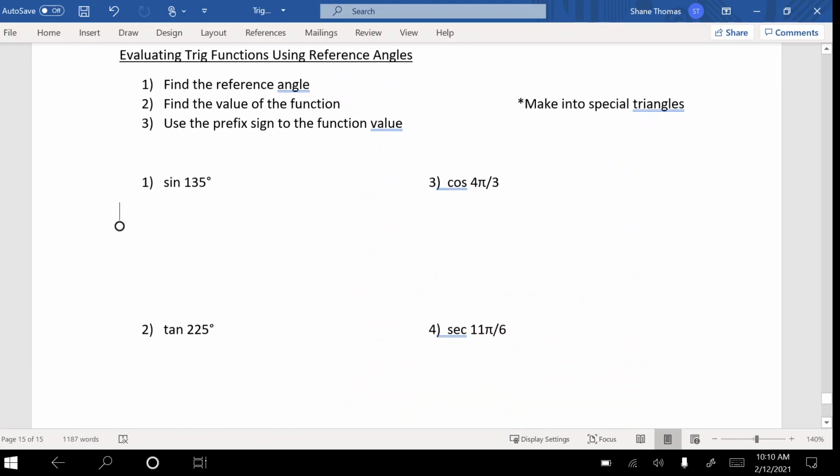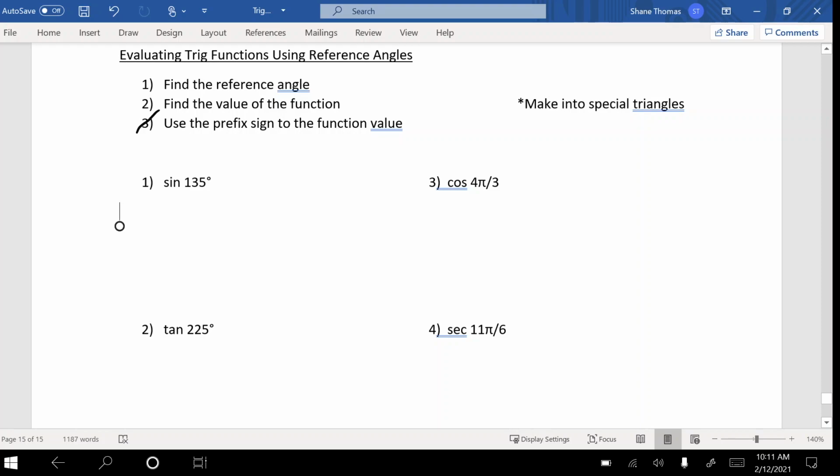So what you want to do first, you want to find the reference angle. Second, you want to find the value of the function. And then number 3, use the prefix sign to the function value. All right. Number 3 here, again, I took this straight from the book. This is where I differ a little bit from the book on this.